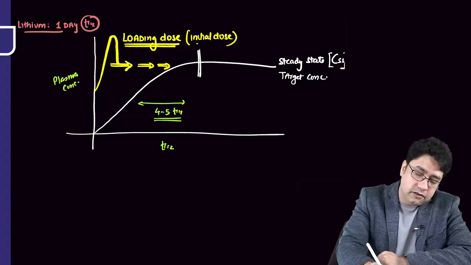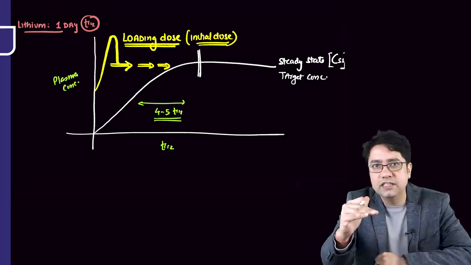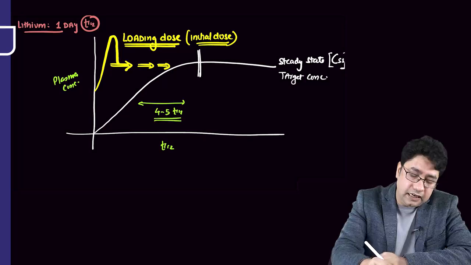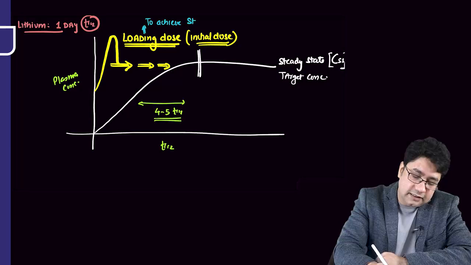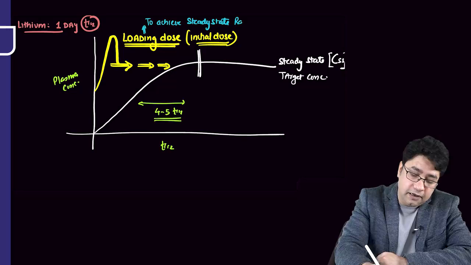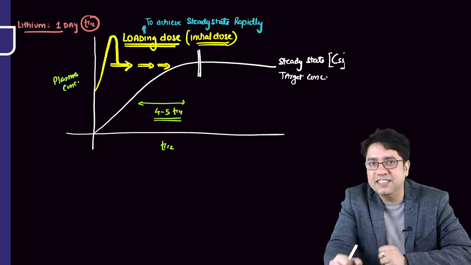So sometimes we give a little bit higher dose of drug to achieve this concentration rapidly, that is loading dose. So loading dose is given to achieve steady state concentration or target concentration rapidly. Because we don't have time, 4 to 5 days, there is an emergency.